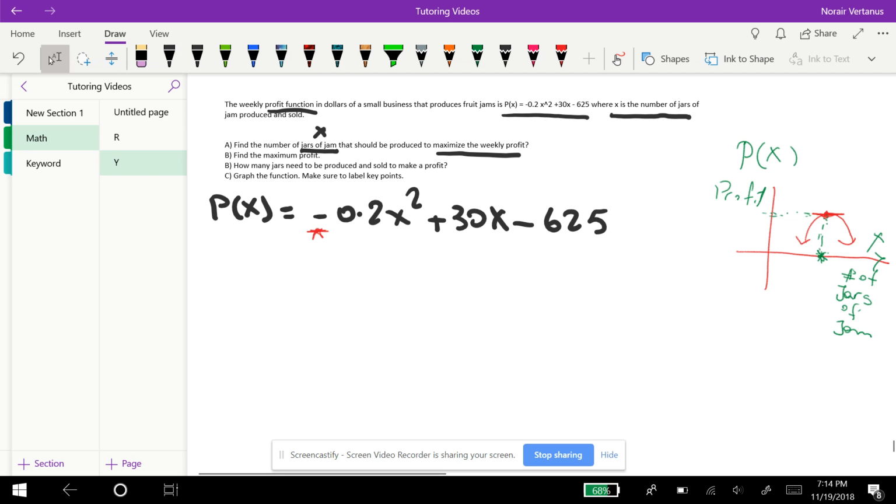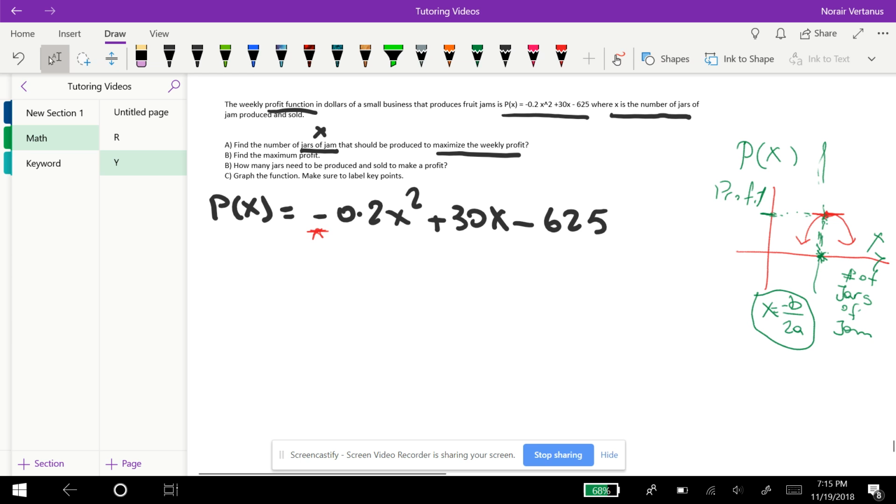So A says find the number of jars of jam that should be produced to maximize the weekly profit. For a parabola, this is called the axis of symmetry. To find the axis of symmetry, x equals negative b over 2a.